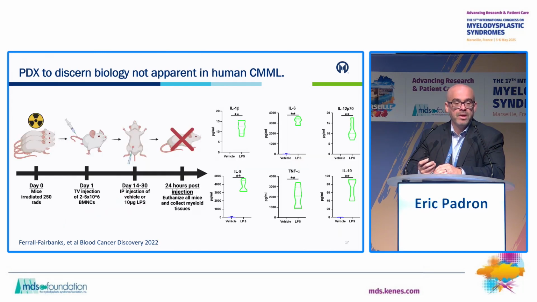The way we did that is we generated our PDX as normal, allowed them to engraft, performed a bone marrow biopsy, and gave them one dose of 10 micrograms of LPS. Then after 24 hours, we performed a necropsy to look at HSPC composition before and after. What this shows on the right is a human-specific cytokine panel showing that LPS induces these human CMMLs to secrete inflammatory cytokines, as you would expect.